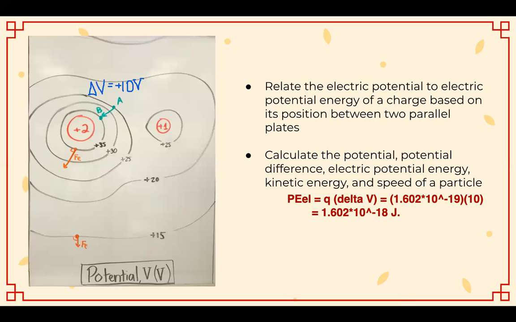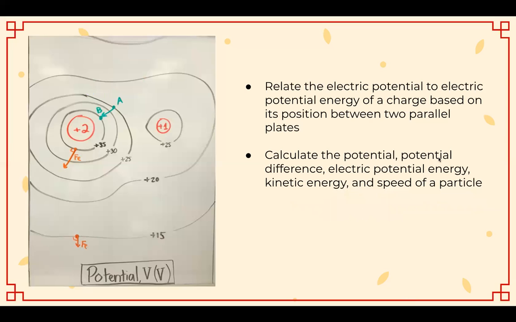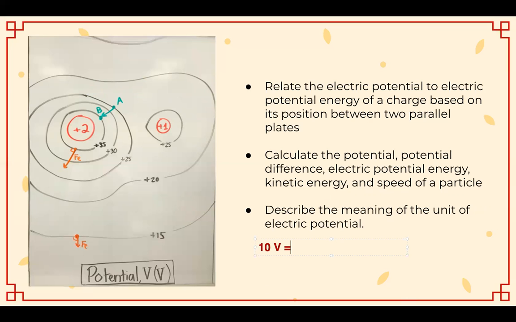A last kind of weird one on here is be able to tell what the unit of volt means. So if I said something has a potential difference of 10 volts, what that 10 volts means is that every coulomb of charge that you bring from A to B gains 10 joules of energy.